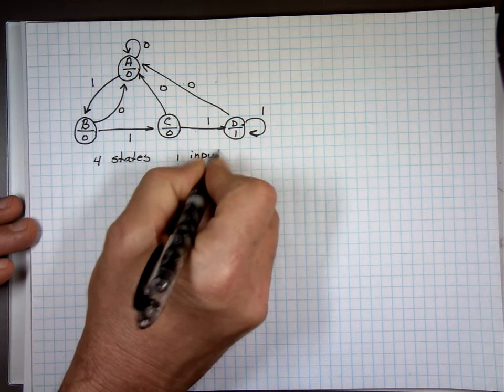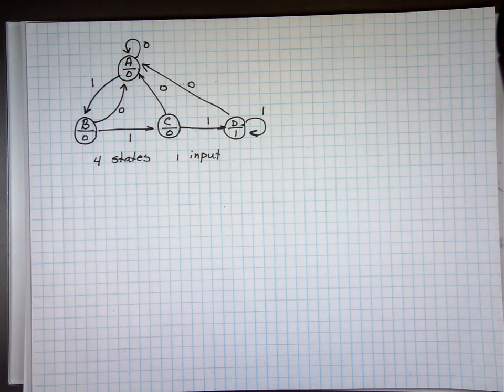I'm actually going to have 8 combinations. Why? State A when the input is 0. State A when the input is 1. State B when the input is 0. State B when the input is 1. State C when the input is 0. C when the input is 1. D when the input is 0. D when the input is 1. So we actually have 8 combinations.